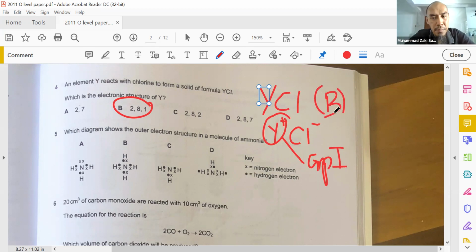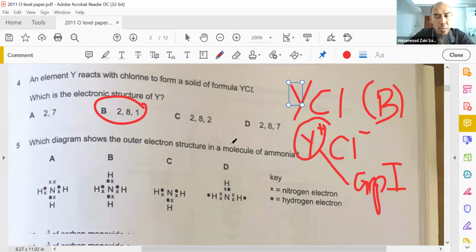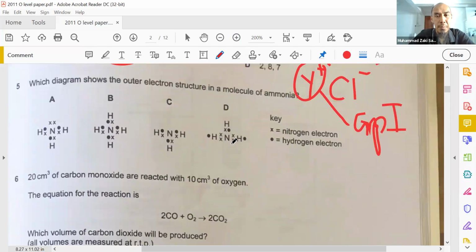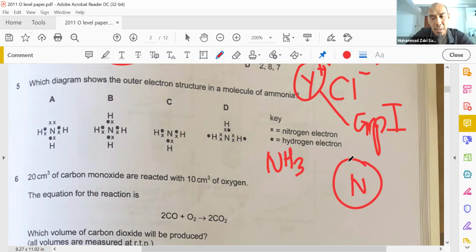Right, next. Outer structure for ammonia. Let me increase the size first. For ammonia, this is a little bit tricky. Ammonia is NH3. So what you can do, you are given 3 minutes for every question in MCQ. You do very quickly the outer structure for nitrogen and hydrogen.